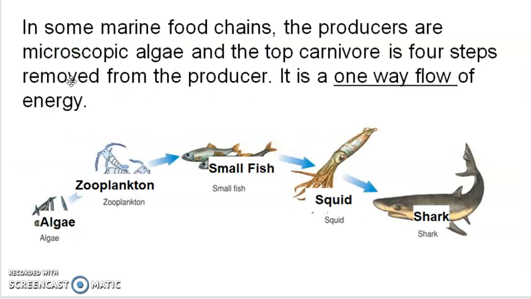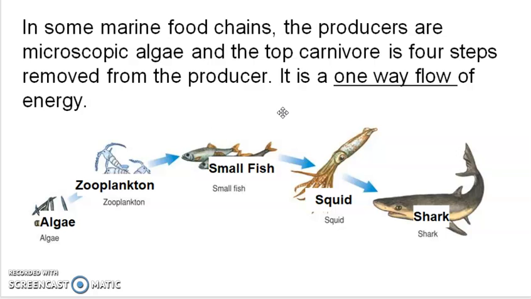For example, this is a marine food chain. The producers are algae, microscopic algae particles. It's also called phytoplankton, and these are eaten by zooplankton, and zooplankton are eaten by small fish.